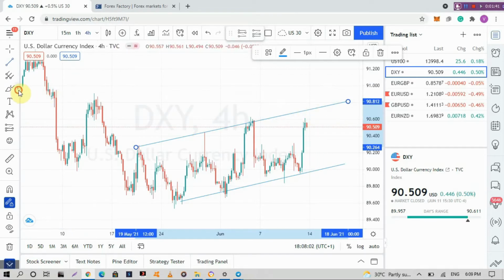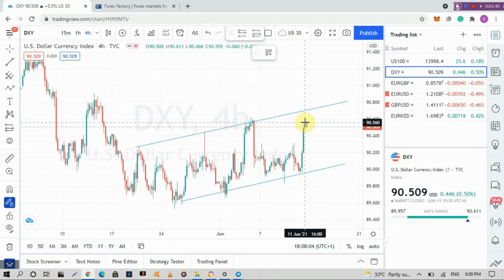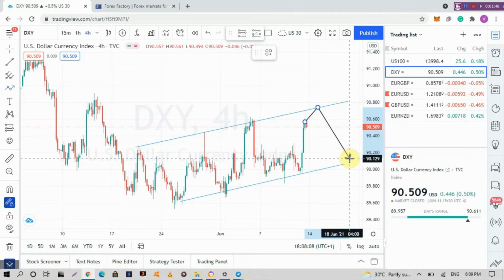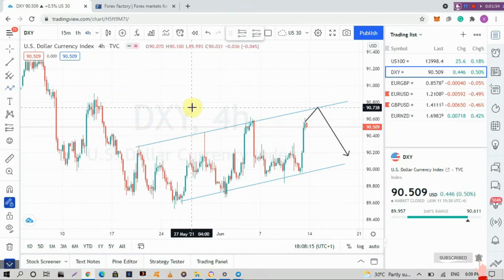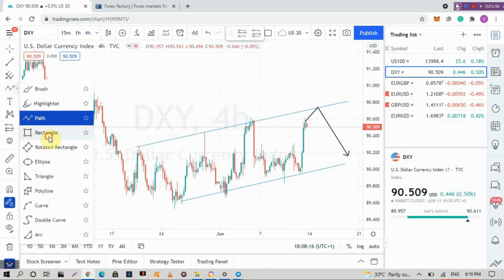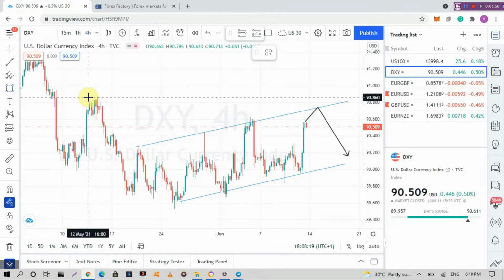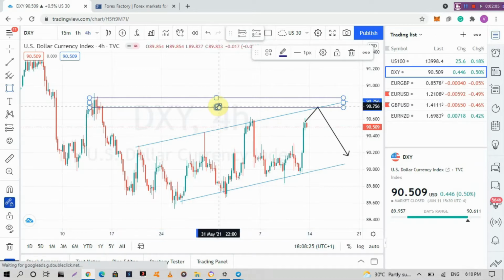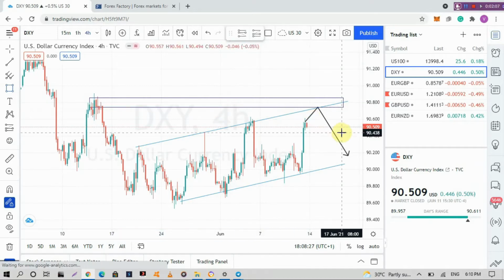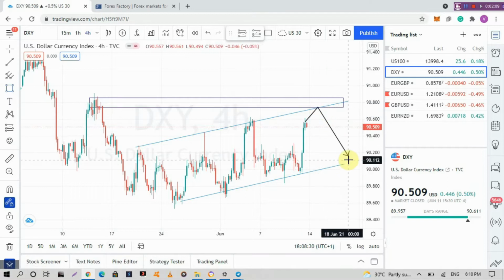It may run into this and we may want to see a push to the downside. Remember, this is just an analysis. With this little resistance around this region, we can see price come back here, and the DXY seeing a little decline this coming week.